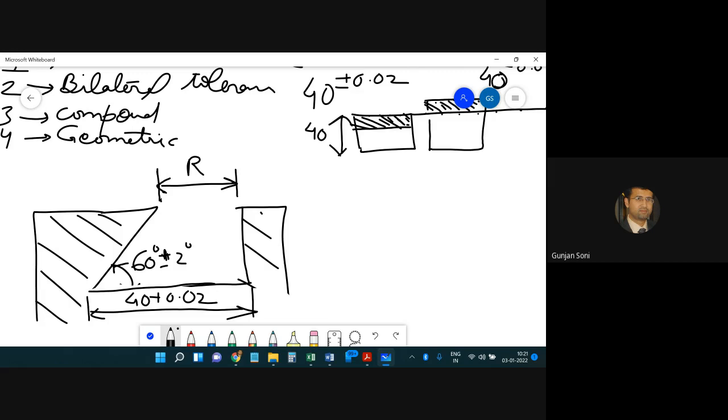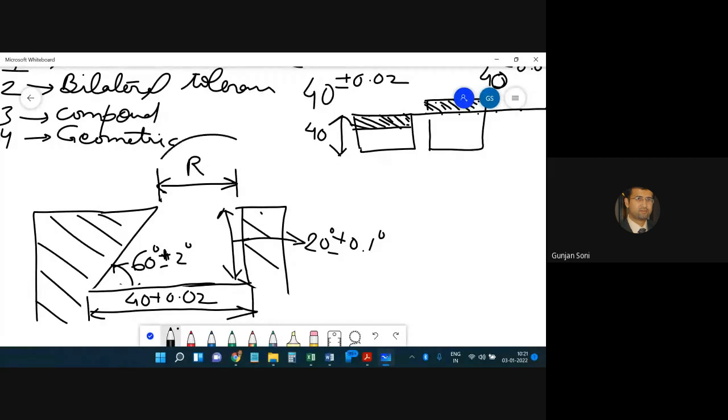So correspondingly, this will be governed, and the value of this, let's say, is 20 degrees plus minus 0.1 degree. I hope you're understanding why degree is assigned to this dimension over here.